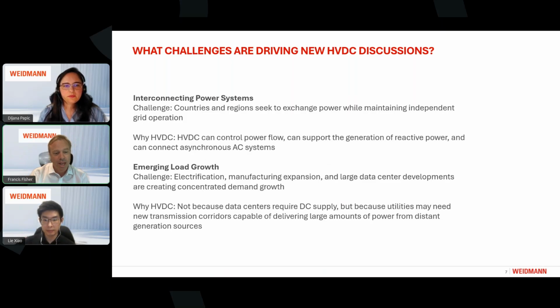And HVDC can control power flow and support generation of reactive power. And as Peter Heinzig educated me on a little bit earlier this month, then you can connect asynchronous AC systems. And that's a whole topic that I won't try to explain now.